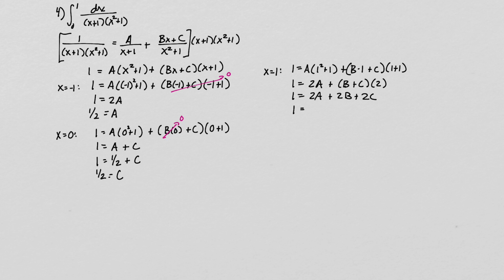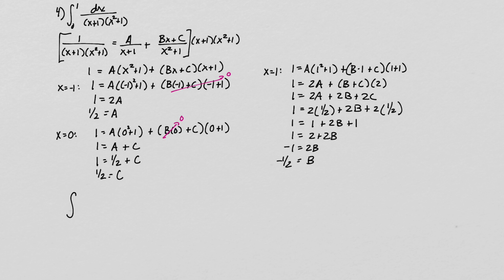A is 1/2, so 2 times 1/2, plus 2B, plus C is 2 times 1/2. So I'm going to get 1 is equal to 1 plus 2B plus 1. So 1 is equal to 2 plus 2B, so -1 is equal to 2B. So B is going to be equal to -1/2.